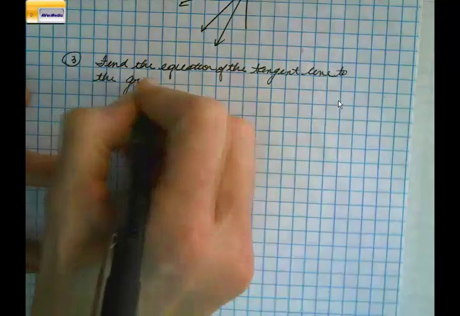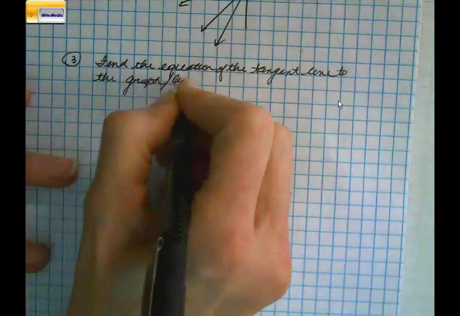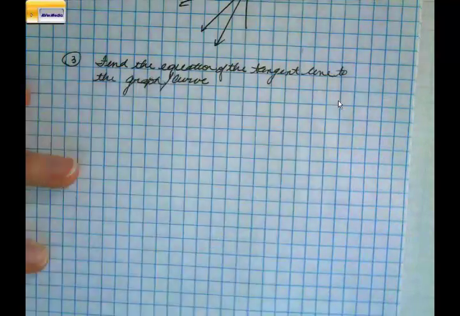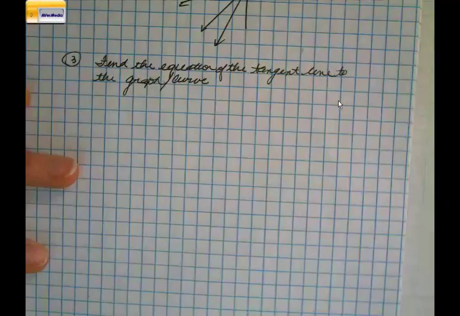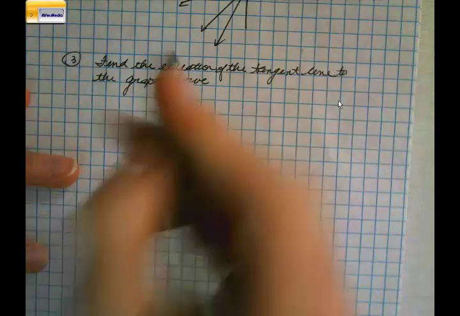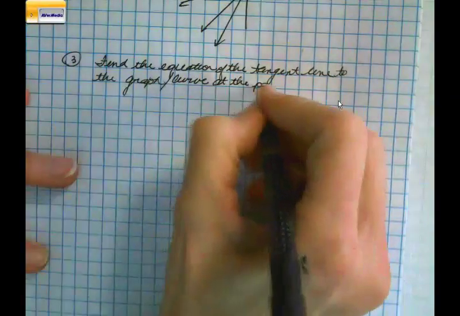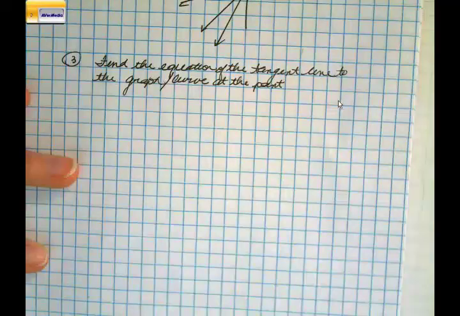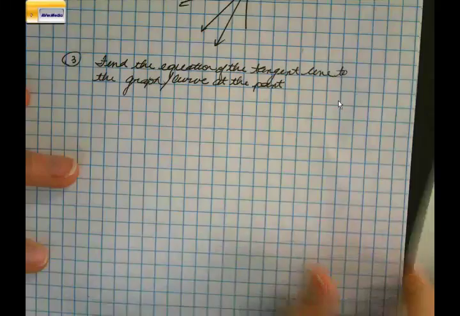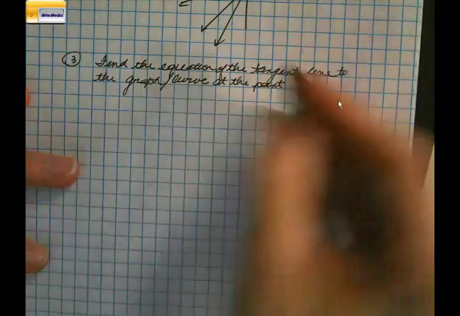Sometimes they say graph and sometimes they say curve. You'll hear both of those words used quite frequently. At the point, let me find the point, 1, negative 1.